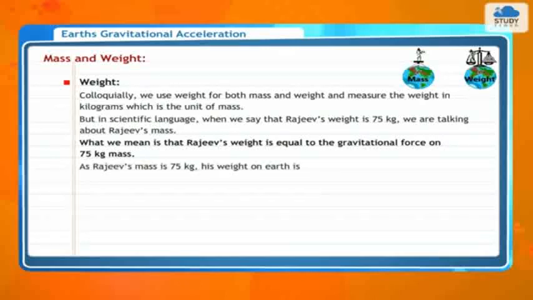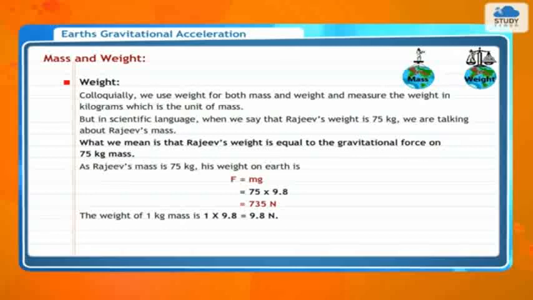As Rajiv's mass is 75 kg, his weight on earth is F is equal to mg is equal to 75 into 9.8 is equal to 735 Newton. The weight of 1 kg mass is 1 into 9.8 is equal to 9.8 Newton.